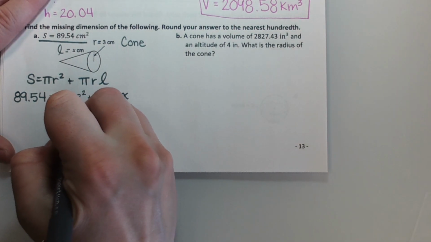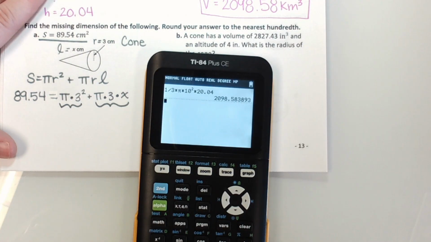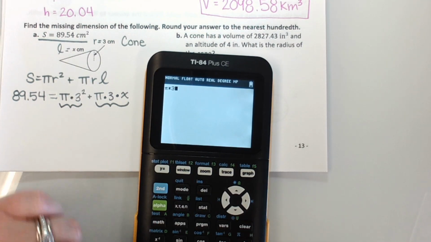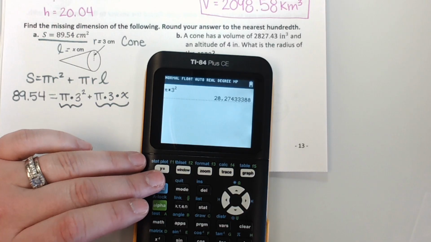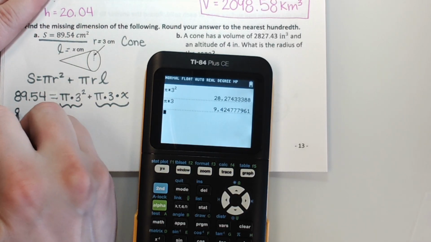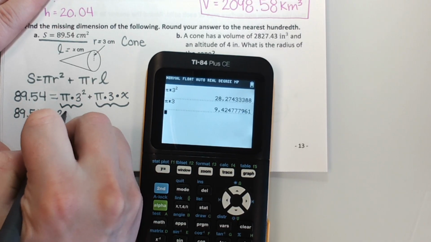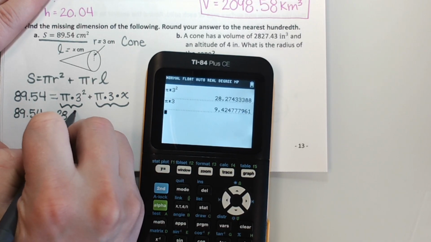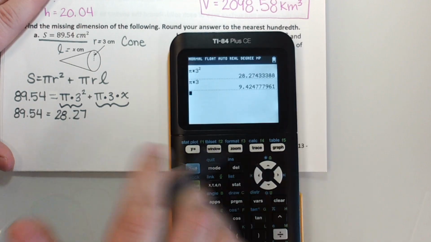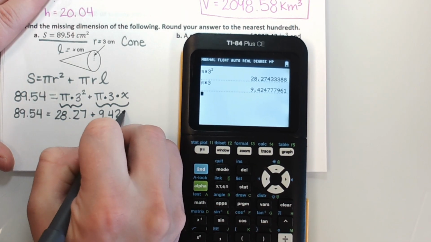You simplify this part and this part separately. Pi times 3 squared and pi times 3. Don't forget to put the x.